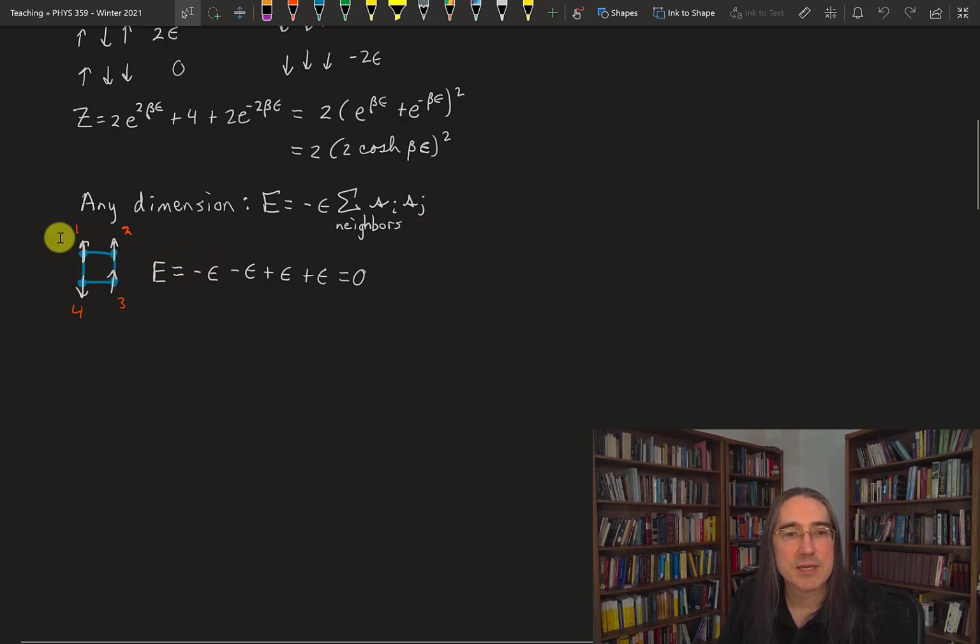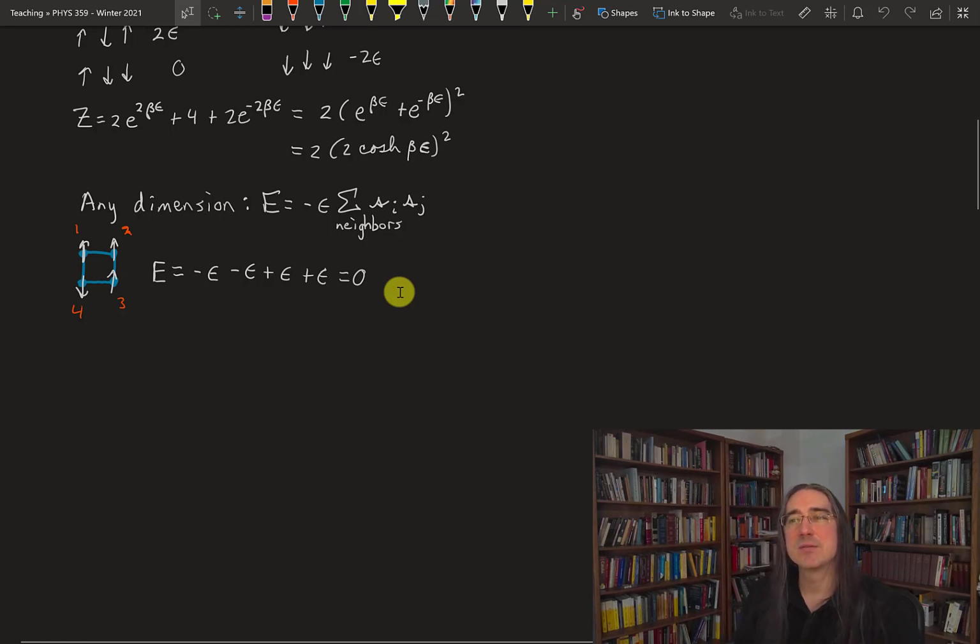First I have minus epsilon times 1 times 1, so that's minus epsilon. 2 to 3, I have minus epsilon again times 1 times 1, so I get another minus epsilon. 3 to 4, I get a plus and a minus, so this will end up plus epsilon. And then finally 4 to 1, again, I've got a minus and a plus, so this will be plus epsilon. So the total energy of this configuration is 0.